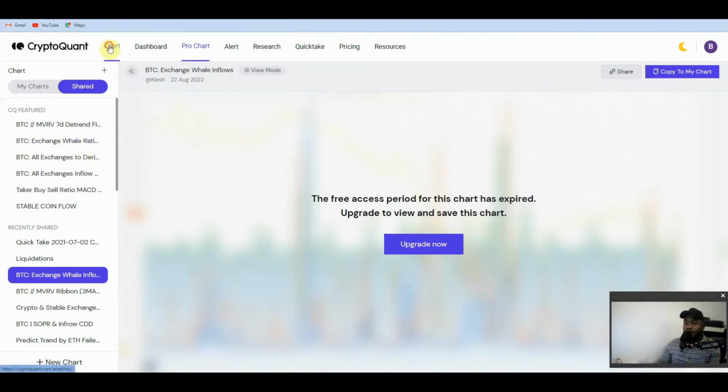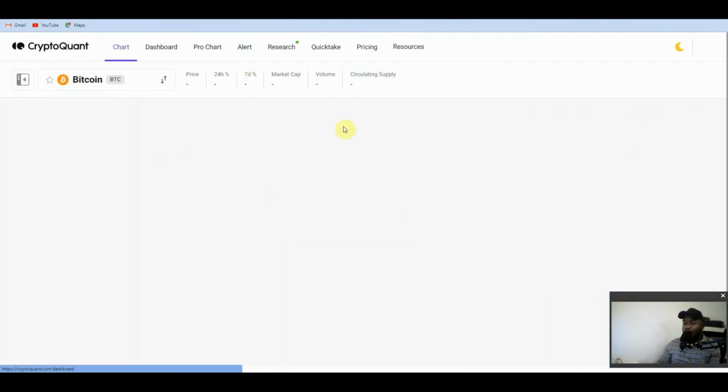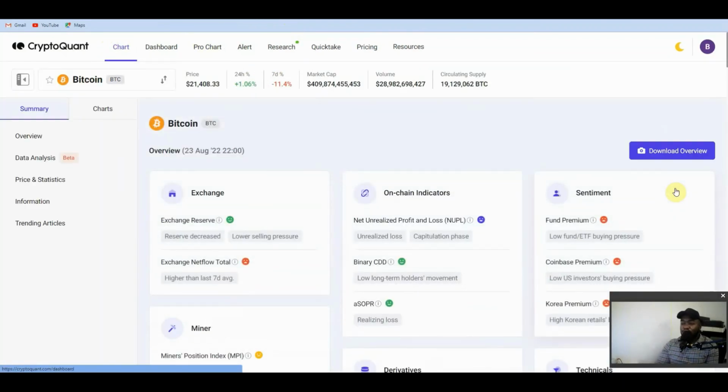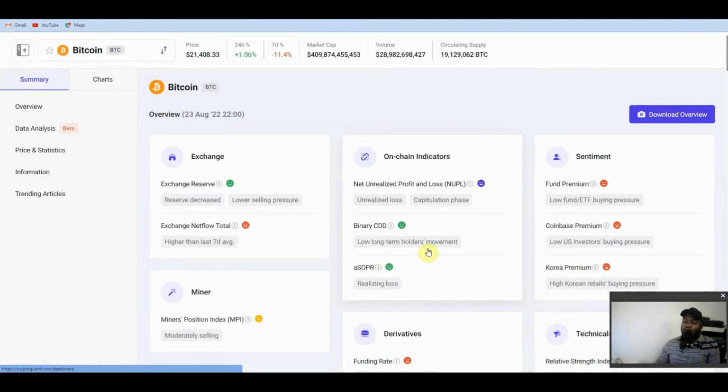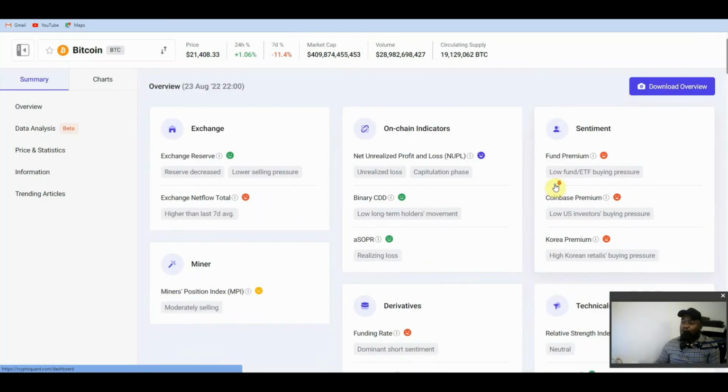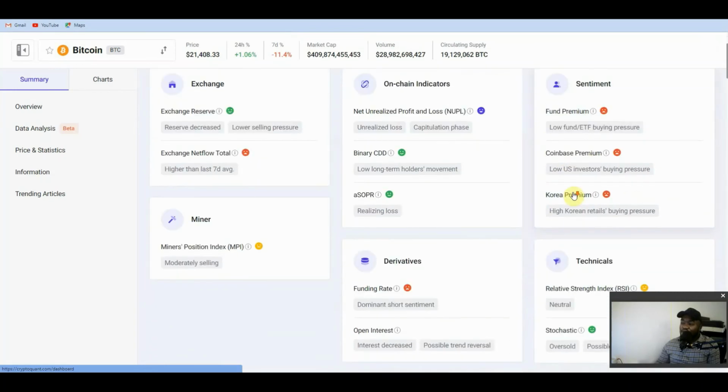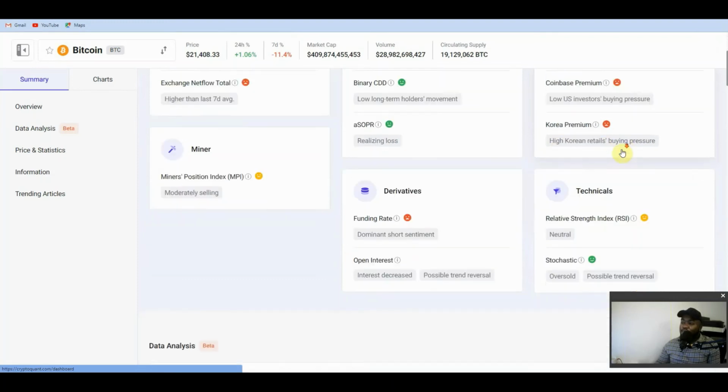So with this I've been able to show you that on-chain analysis is good, but on-chain analysis should not be given more attention than other analysis. Especially if you use long-term holder movement, you can see this. You see the funding rate, you can know what people are doing. High Korean retail buying pressure, low US investor buying pressure, low fund buying pressure.